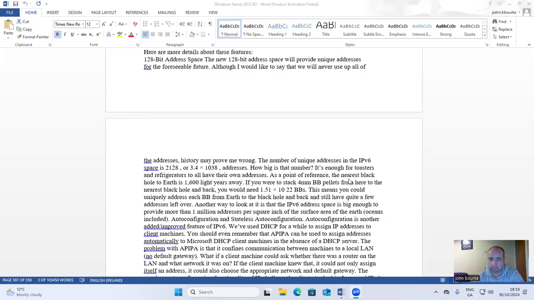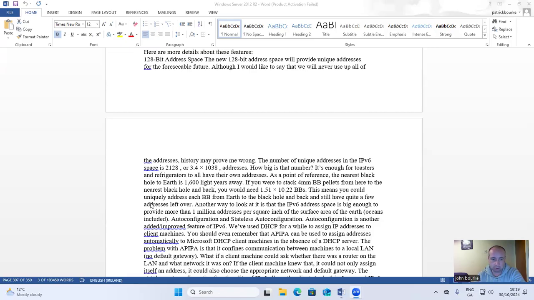As a point of reference, the nearest black hole to Earth is 1600 light years away. If you were to stack BB pellets from here to the nearest black hole and back, you would need 1.51 x 10^22 BBs.